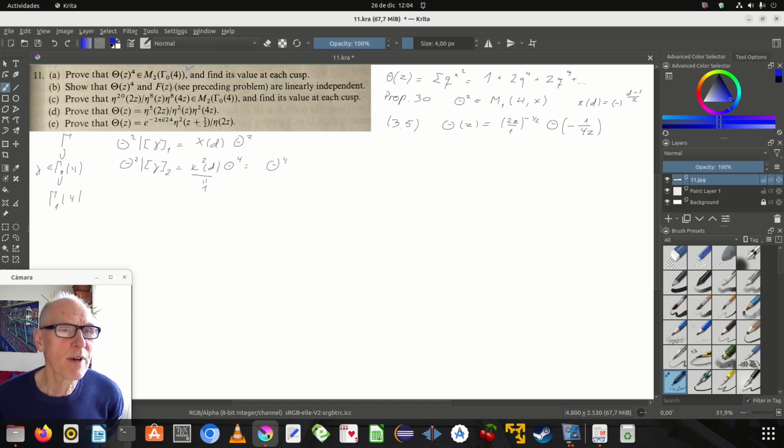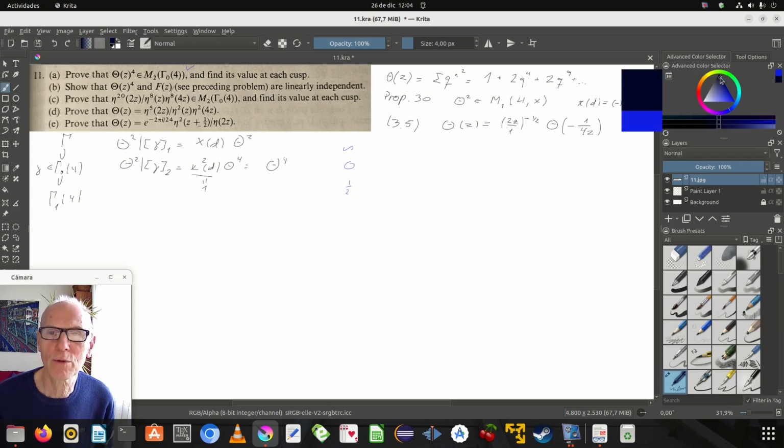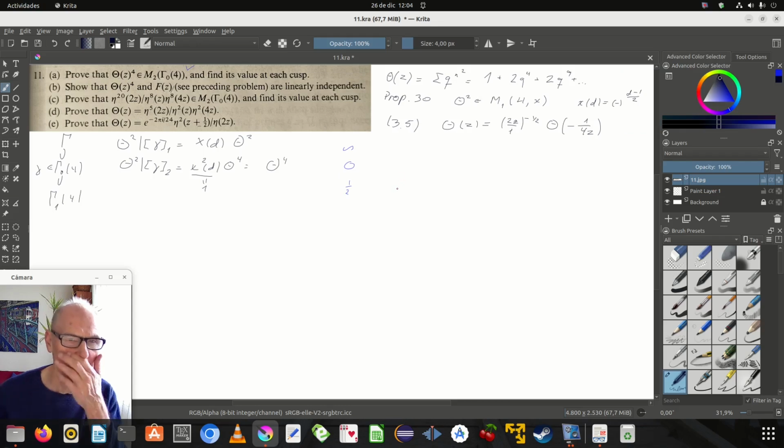Well, then we must find the values at each cusp. And as far as I remembered, the cusps were infinity, of course, naught, and 1/2, or minus 1/2, whatever you want.